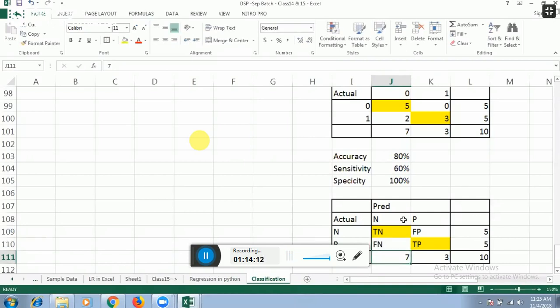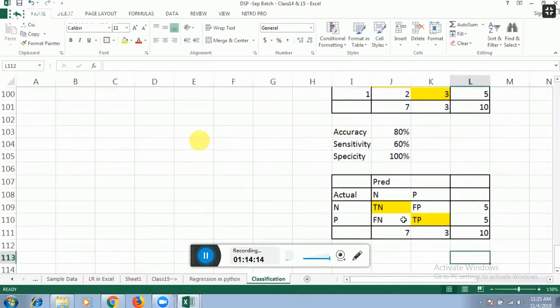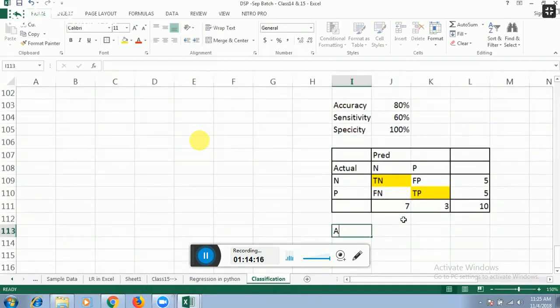Right? So if you think about this, my accuracy is nothing but TN plus TP by total. Correct? And sensitivity is TP by TP plus FN, because the sum of these two is 5, right?